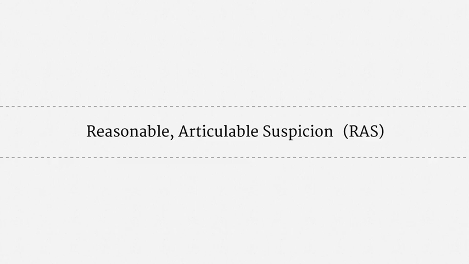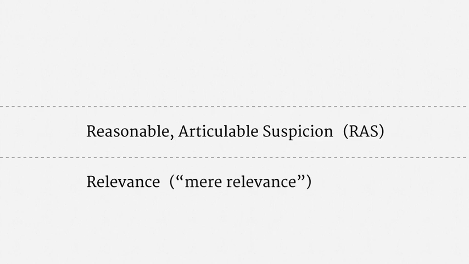The idea is that RAS fits into a hierarchy of three standards. The lowest tier is relevance. We've already talked about relevance in the context of subpoenas and pen trap orders. It's sometimes called mere relevance to emphasize just how little is required. The highest tier is probable cause.